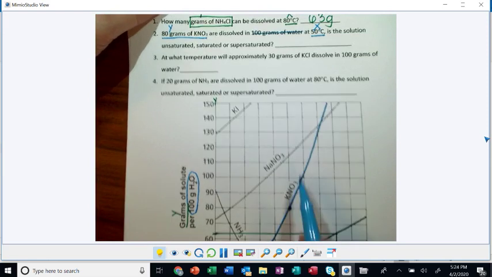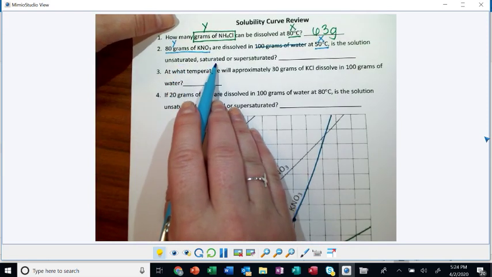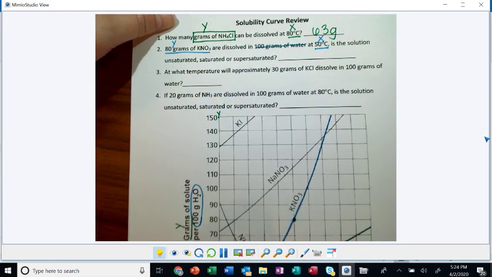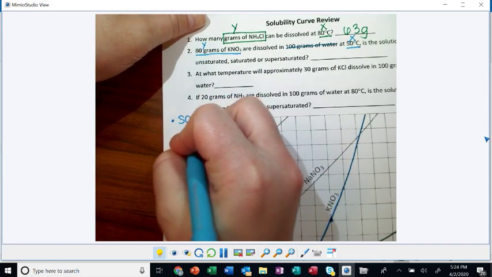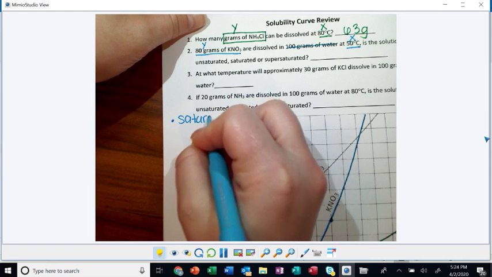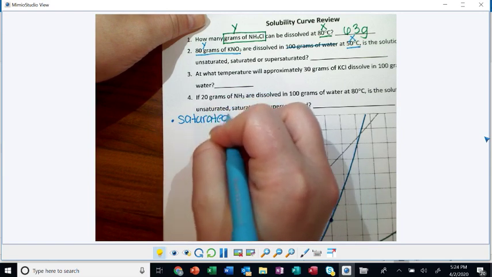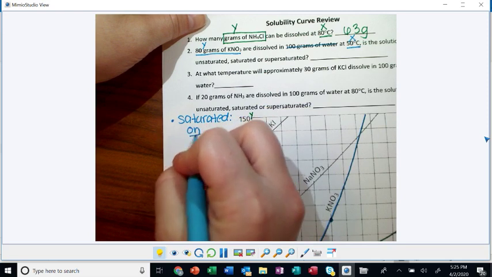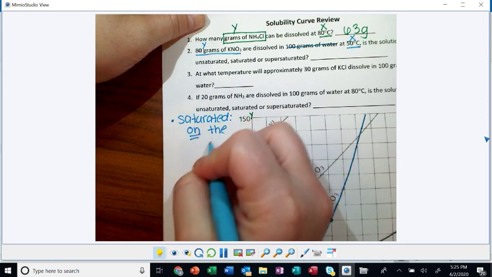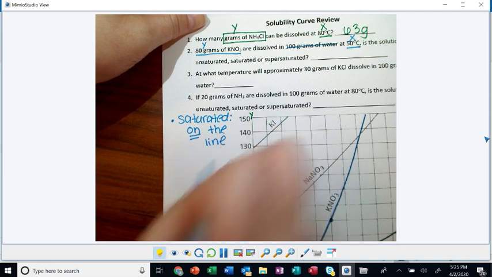So I'm looking for unsaturated, saturated, or supersaturated. As a reminder, saturated is on the line, okay?